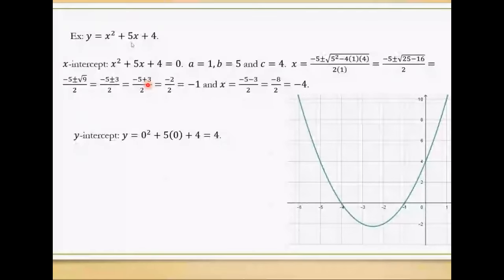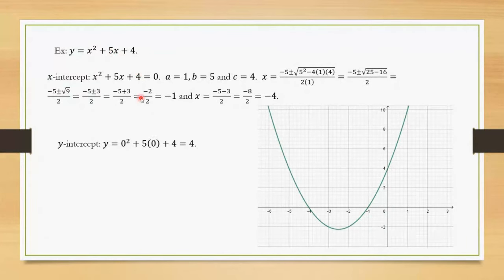Here's another example. What we can do is determine the x- and y-intercepts. For this one, I used the quadratic formula. We have it equal to 0. For the x-intercepts, you set y to be 0.